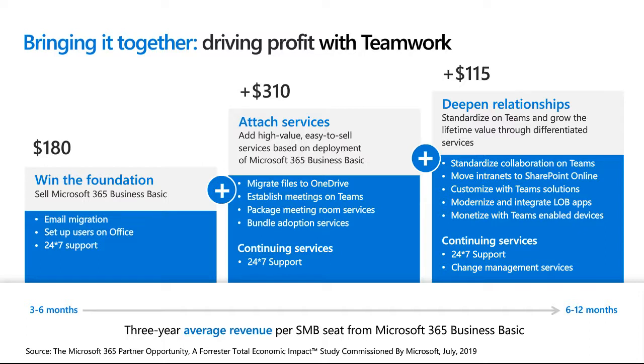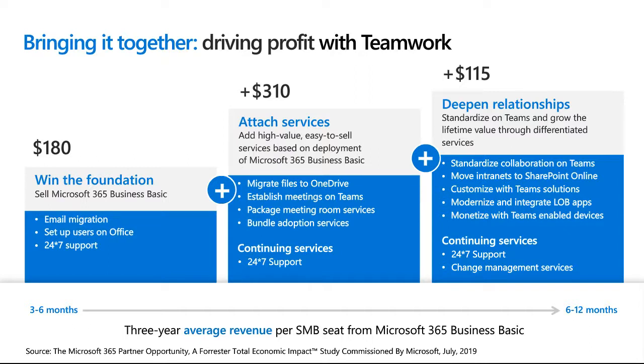Number three, partners deepen relationships when they differentiate with managed services and IT services, given the need for simplicity and pricing transparency within the SMB space. Partners are rapidly creating robust portfolios of managed services tiers to meet the diverse needs of SMB customers.